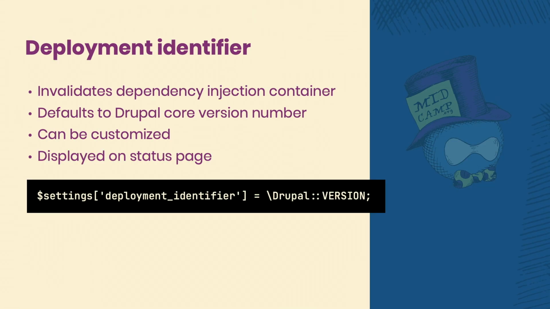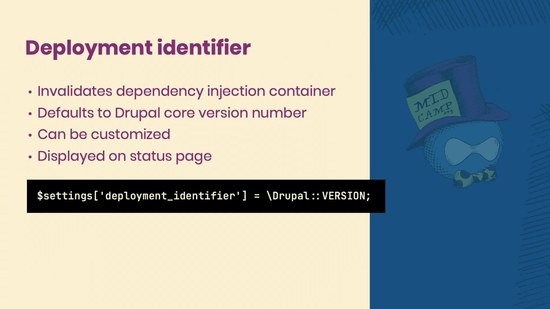There's a concept of a deployment identifier, and that's defined in settings.php. The purpose of it is to invalidate the dependency injection container. I don't know if you ever ran into this issue, but it bit me and my team a couple of times, where we deployed a release that had a change to a service that adds, say, a new argument, but the parameter is not going to get passed through to the container until the container is invalidated and refreshed.